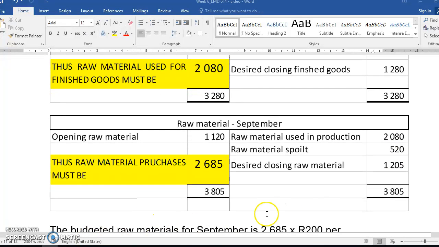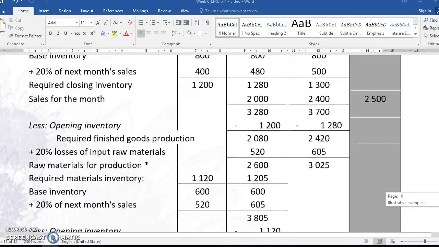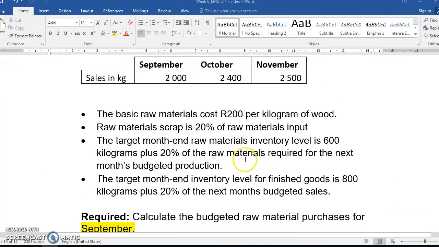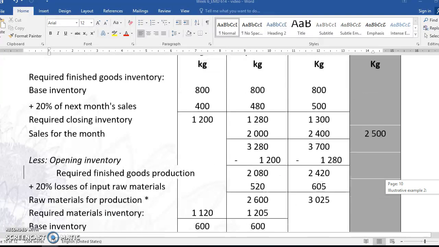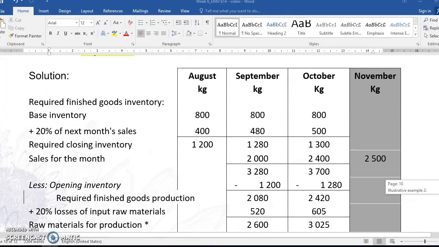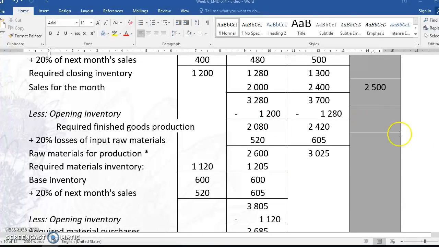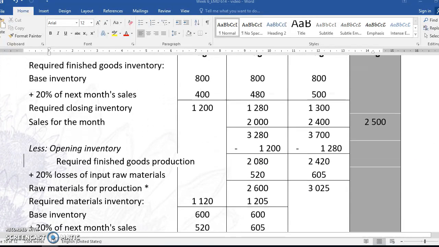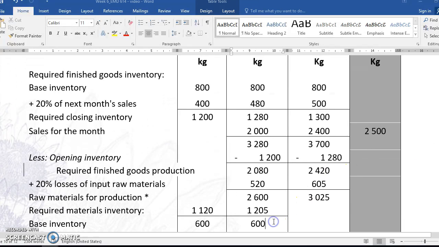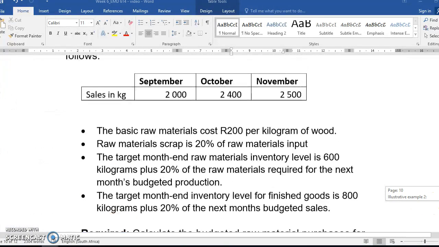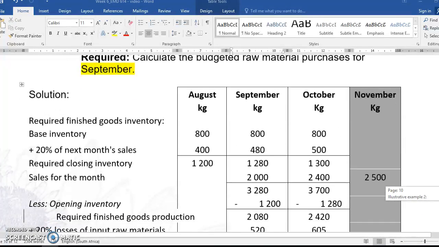Then we are also told that the desired closing inventory for raw materials is 20% of the next month's production. So if we are in September, the base is 600 plus 20% for the next month.